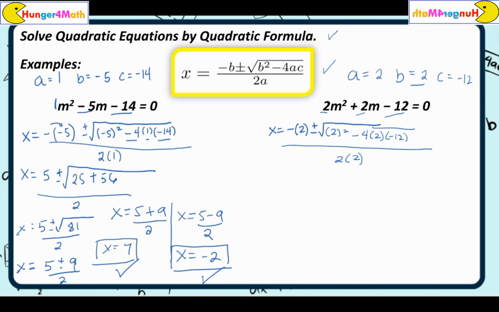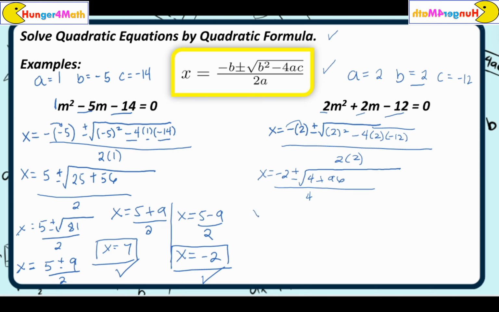Then let's solve. x is equal to negative times 2 is negative 2. Then plus minus the square root of 2 squared, that is 4. Then we have 4 times 2 times 12. That will be 96. So plus 96, all over 2 times 2, that is 4.